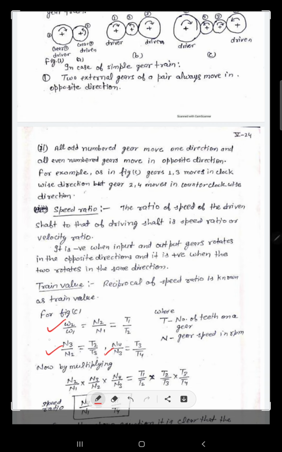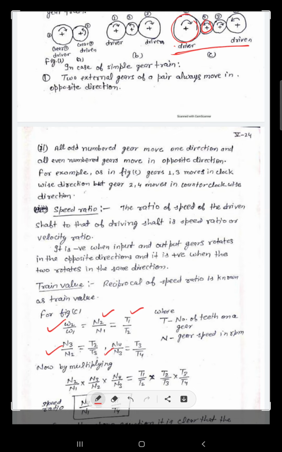Again, for this simple gear train having 4 gears, for gear number 2 and gear number 1 we can write N2 upon N1 is equal to T1 upon T2. T1 is the teeth on gear number 1 and T2 is the teeth on gear number 2. N2 is the speed of gear number 2 and N1 is the speed of gear number 1.